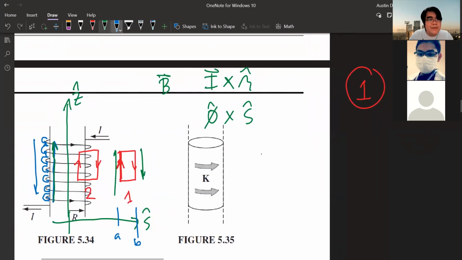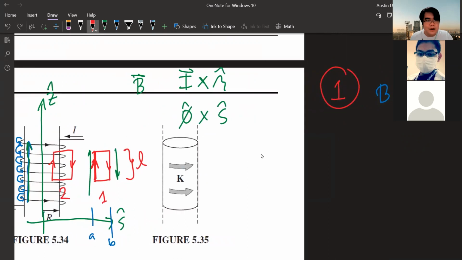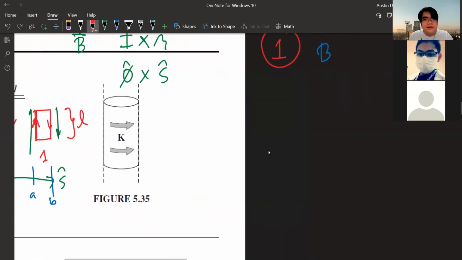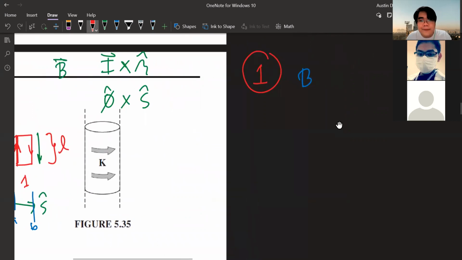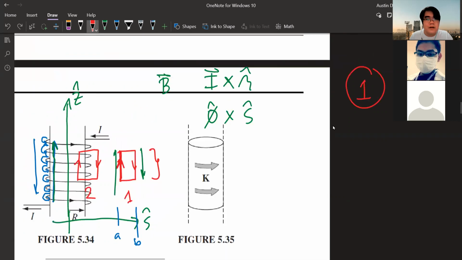So, tapos sabihin natin may length ito na as usual, ito ay L, okay? Now, my field is not uniform, so iba yung field sa A, iba yung field sa B. So, denote lang muna natin sila as BA at BB. Okay? So, yung una ko ay B.